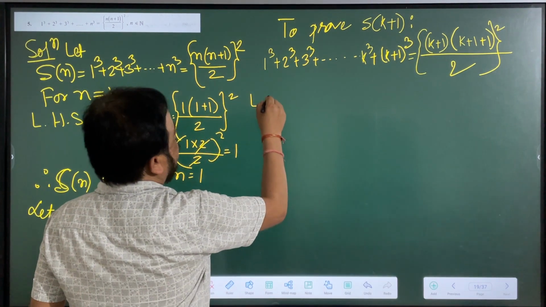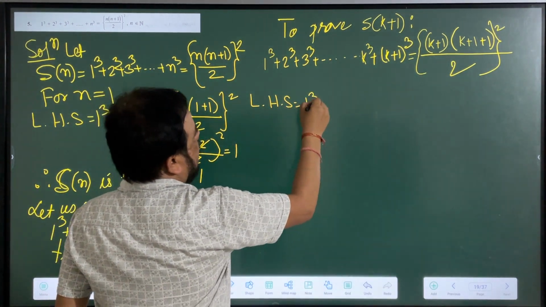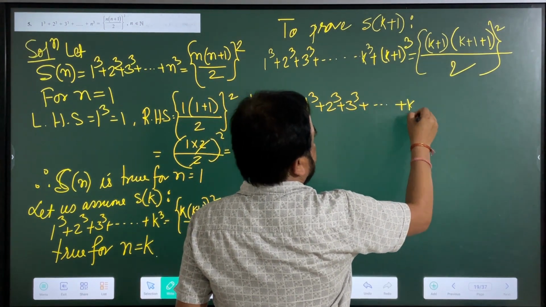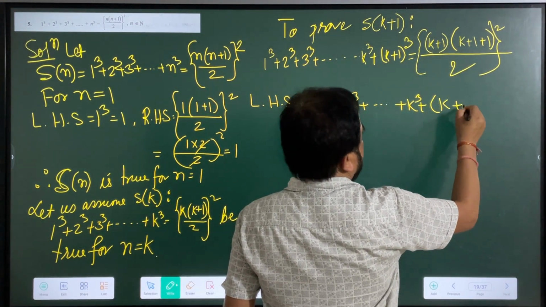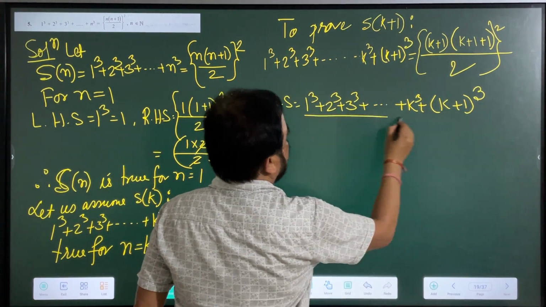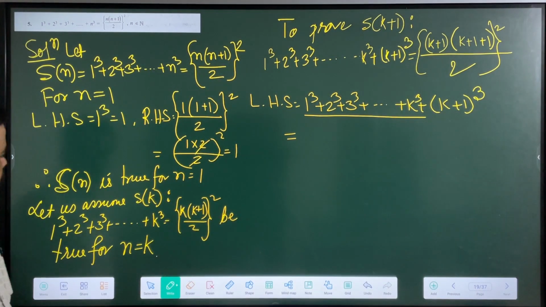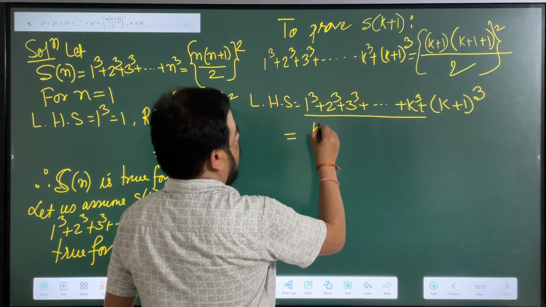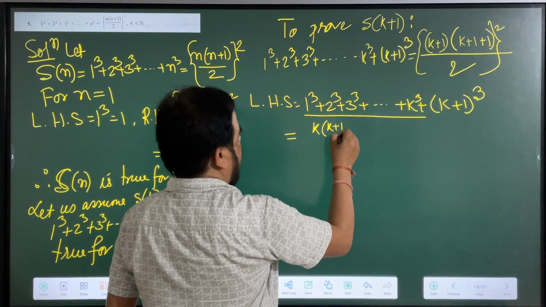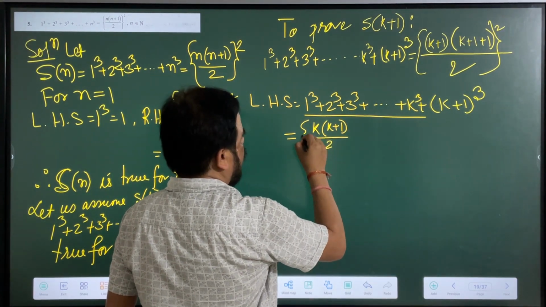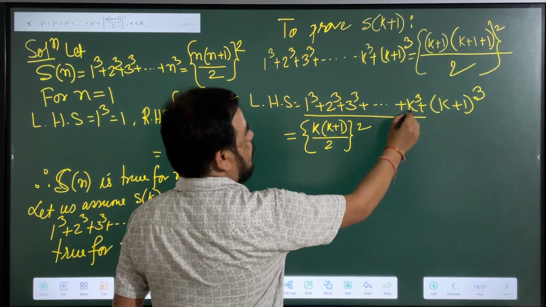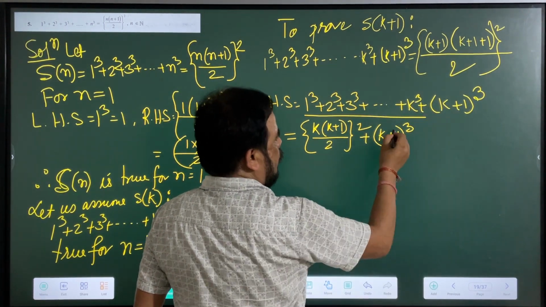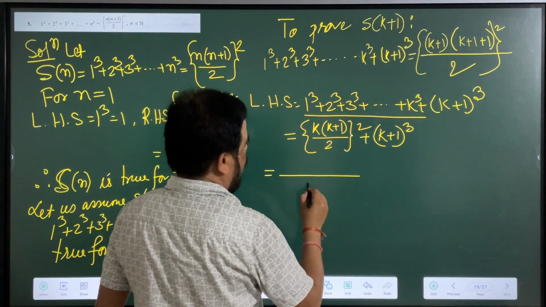Let us write left hand side first. 1 cube plus 2 cube plus 3 cube plus k cube plus k plus 1 whole cube. So here to here, how much? 1 cube to k cube equals this: k into k plus 1 by 2 whole square, value of this, plus k plus 1 whole cube.